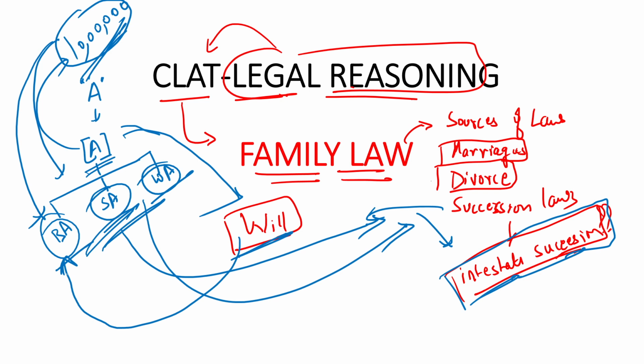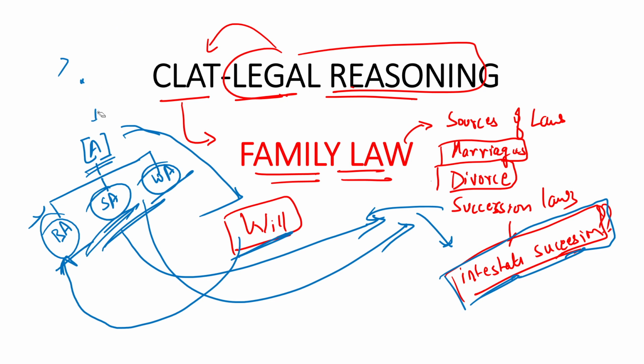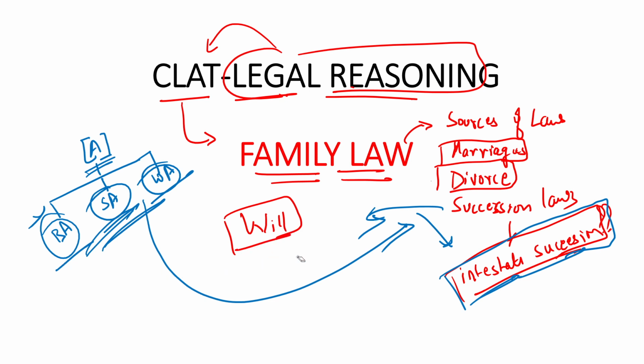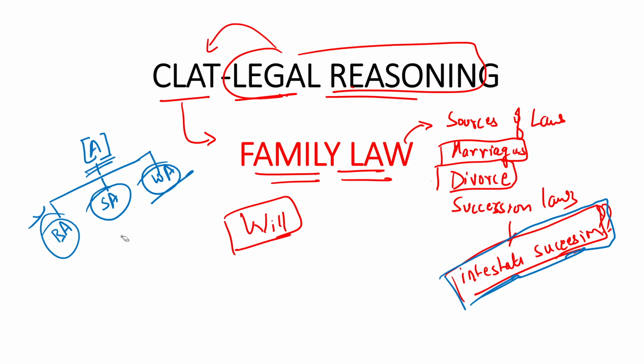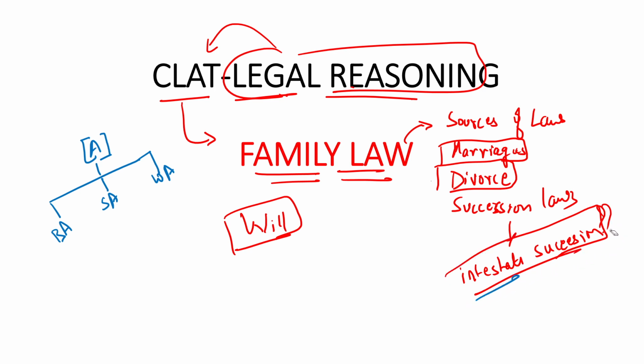If a person, before he dies, is able to make a will, then that property will be divided according to that will only. But if the person is unable to make the will, then the property will be divided according to the laws of succession, which is known as intestate succession.